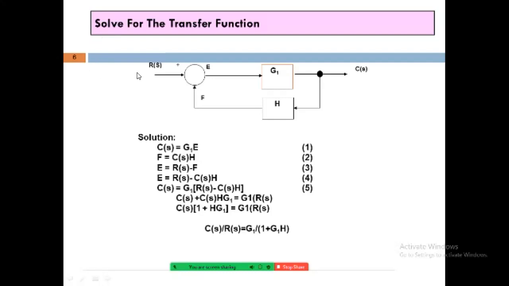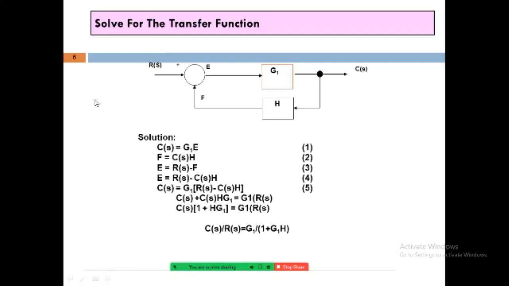Now while solving the transfer function, let us consider C(S). The equation of C(S) can be obtained as G1 in bracket R(S) minus C(S) in bracket H. Solving this equation, C(S) plus C(S) into H into G1, when we multiply G1 through the bracket, equals G1 into R(S).